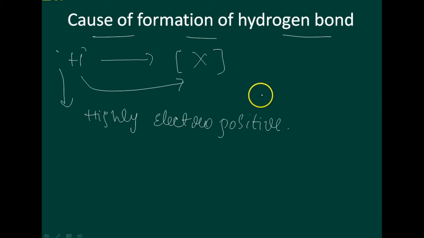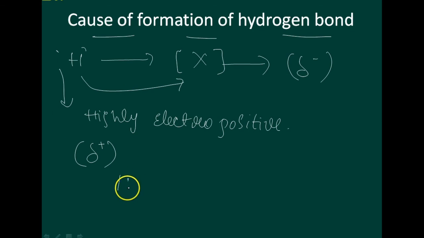Since there is a displacement of electrons towards X, the hydrogen acquires a partial, fractional positive charge, and X acquires a negative charge. This results in the formation of a polar molecule having an electrostatic force of attraction, which can be represented as H delta plus, X delta minus, dotted line, H delta plus.